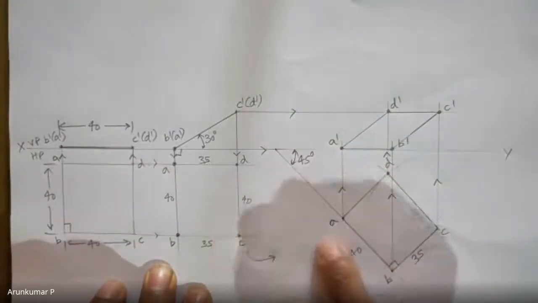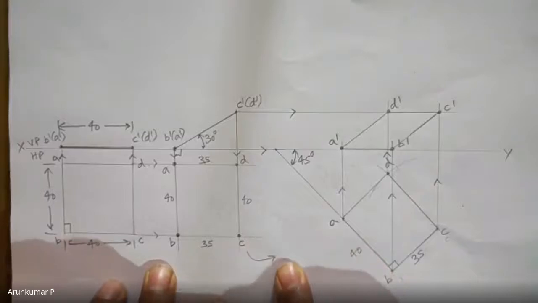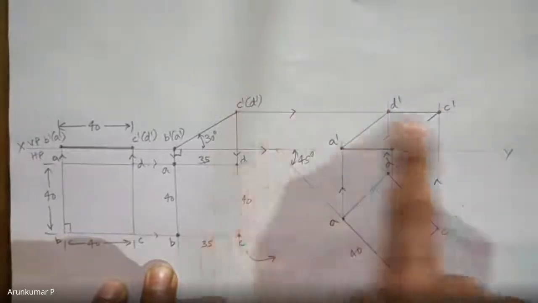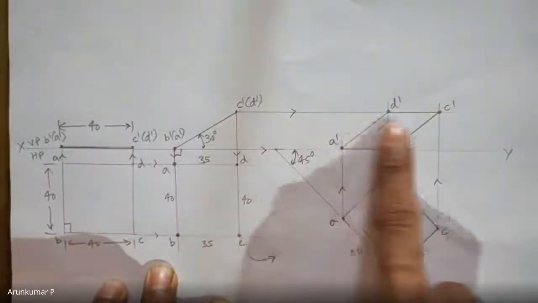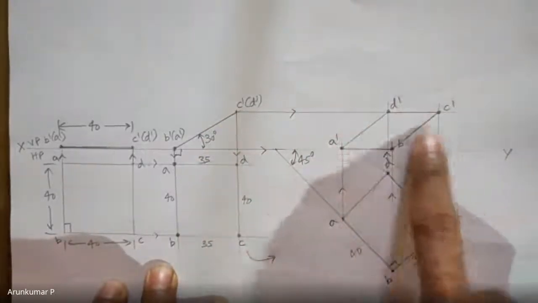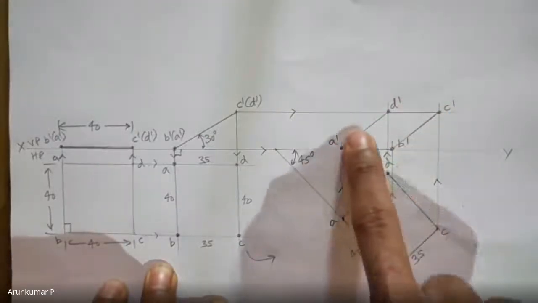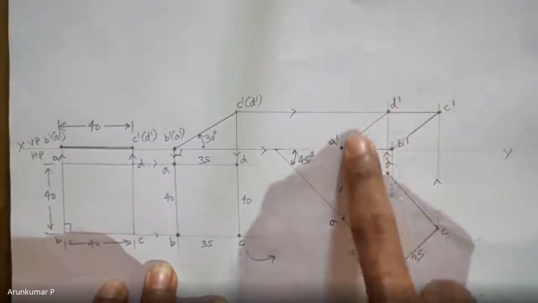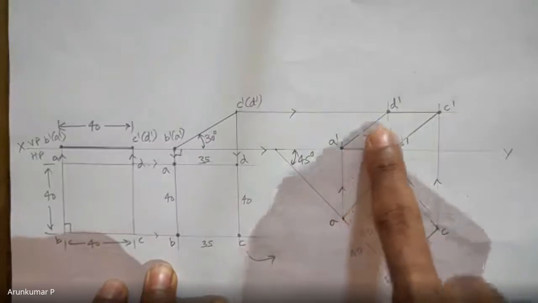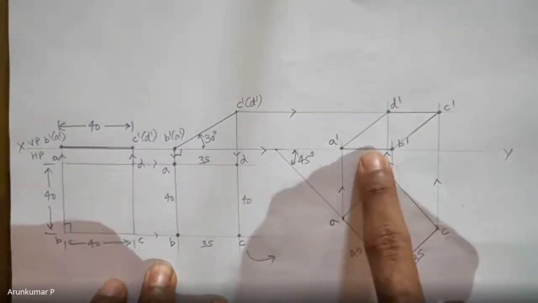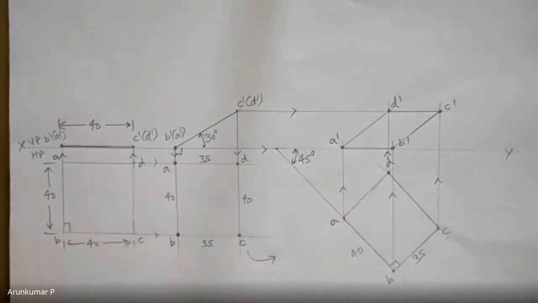You have to reorient it in the counterclockwise direction, redraw it, and then draw the projectors. Four vertical projectors onto the front view and two horizontal projectors onto the front view will give you the final step, the third step front view. So you will get it like a quadrilateral. All the edges are in apparent length, none of them are in true length 40 mm. So this is the solution.